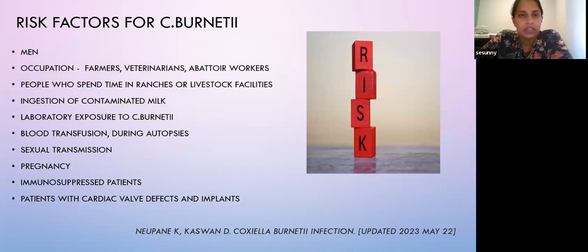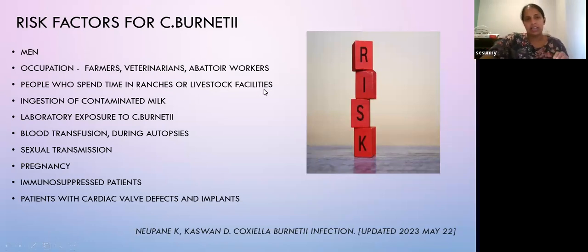When we look at the risk factors for Coxiella burnetii, these have been the main risk factors. It obviously is related to the modes of transmission. So men have been found to be at higher risk, and this is mainly related to the occupations that are taken up. So mainly farmers, veterinary workers, abattoir workers, people who spend time in ranches or livestock facilities.